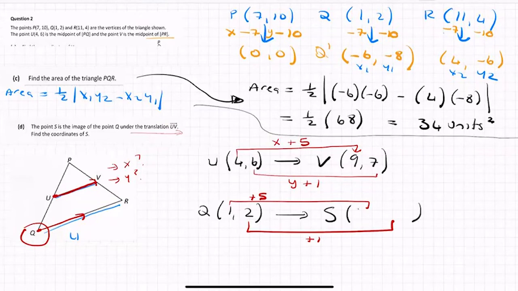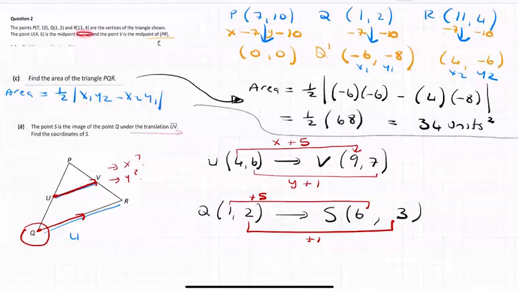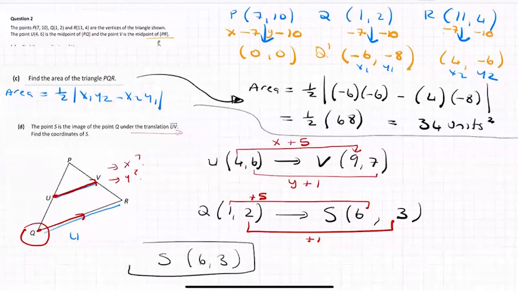So 1 + 5 is 6, 2 + 1 is 3. So that new point S is 6, 3. That makes sense to me because when I look at R then, that's out there at 11. So it makes sense that I haven't gone as far as 11 and it's 4 and I haven't gone up as far as 4. I've only got to 3. So it feels good. It feels right. Okay, so S is the point 6, 3 is your answer.